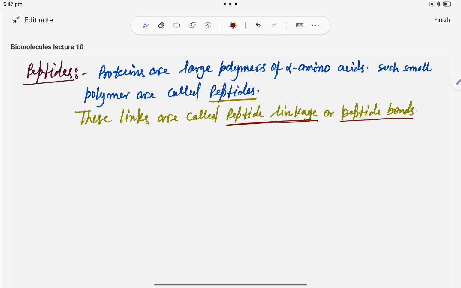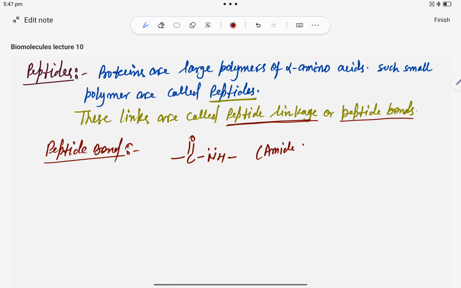So what is a peptide bond? This is a peptide bond. It's an amide group.